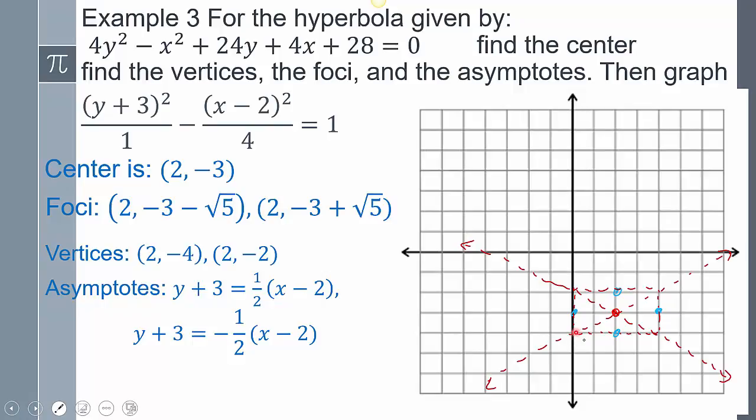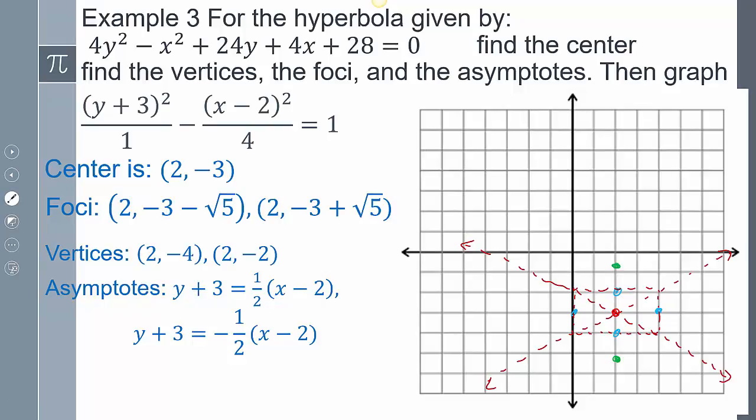Remember, it passes through the corner, through the center, and through the other corner. Corner, center, corner. And that's represented by these two graphs here. Now for the foci, you'd have to enter into your calculator, negative 3 minus radical 5, and negative 3 plus radical 5, and you're going to get these 2 points right here.